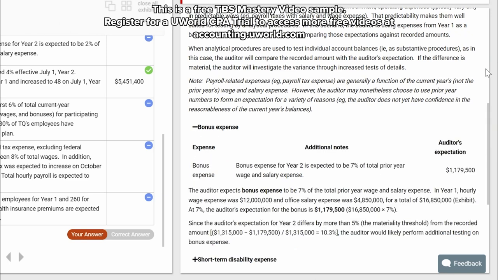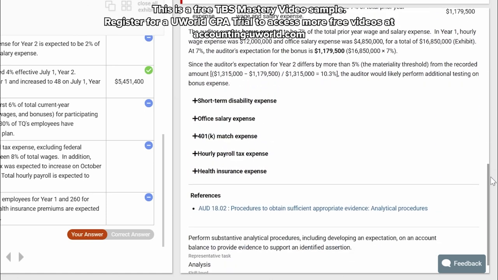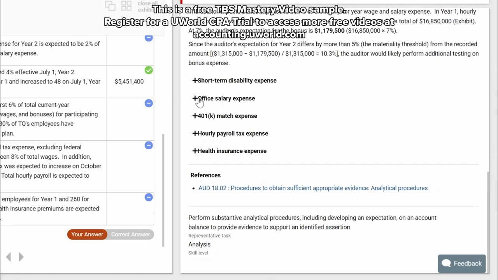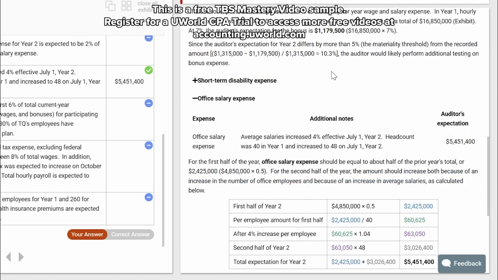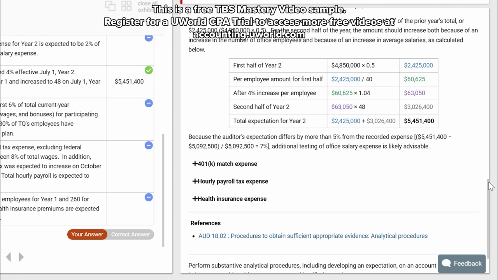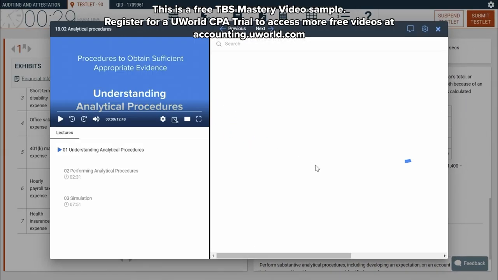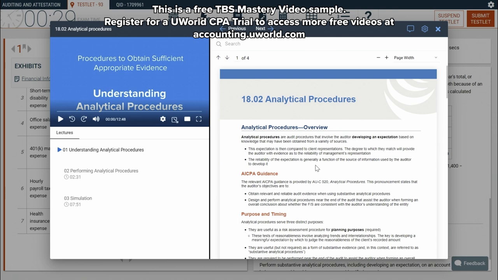So remember, we did bonus expense and we did the office salary expense. So detailed explanations of the computations that we made are in the explanations. And then finally, if you need additional information, you can click on the link to the chapter, and that will provide far more information about analytical procedures.